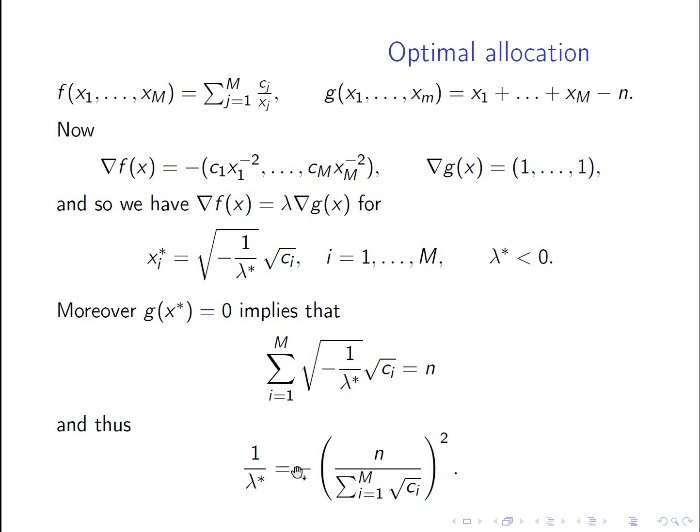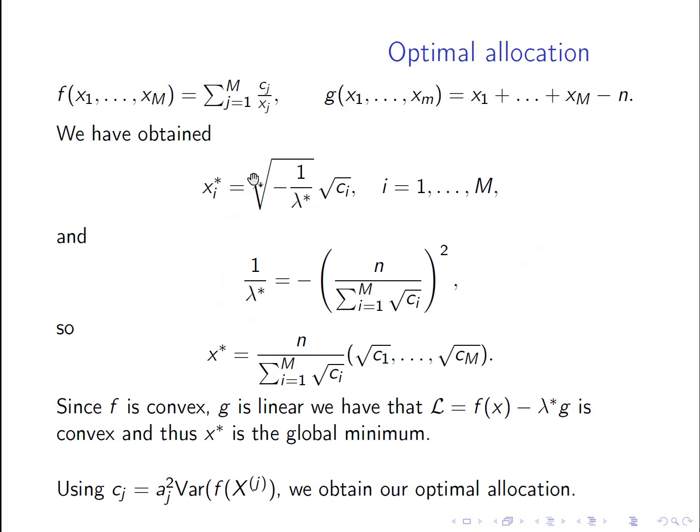So 1 over lambda star is minus the square, and here we have n divided by the sum over the square roots of the ci's. Okay, that's just standard Analysis 2 computations, but they are very, very helpful. Okay, so this is our xi star, this is our 1 over lambda star, and plugging everything together we get our x star.